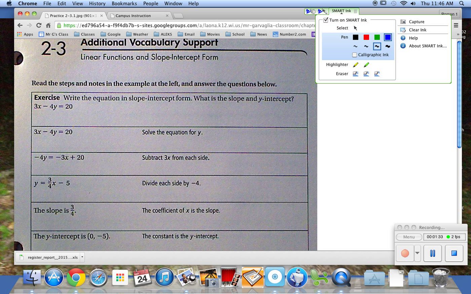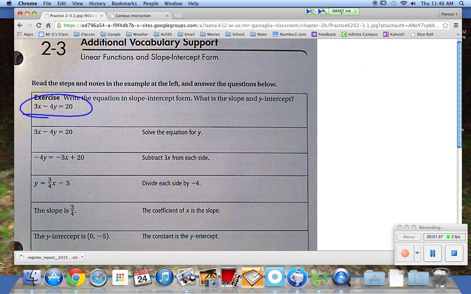This is an example of it. Here's the equation right here: 3x minus 4y equals 20. All right? First thing we want to do is solve for y, because this is what we want the equation to end up looking like. Mx plus b. All right?